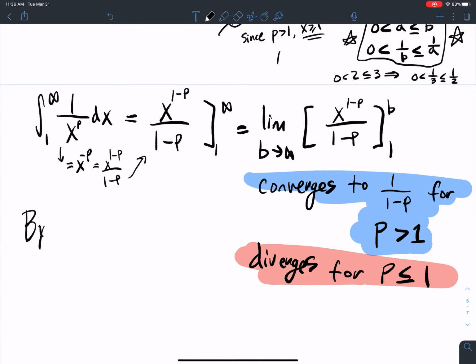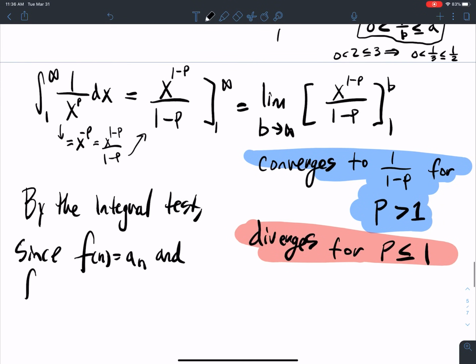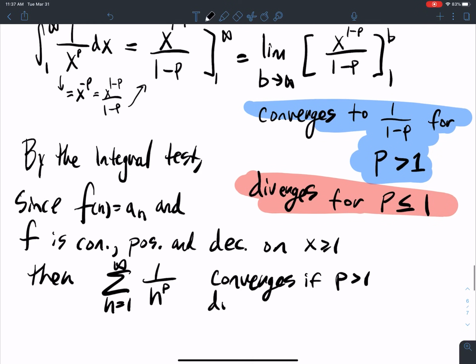Then by the integral test, since f(n) equals a_n and f is continuous, positive, and decreasing on x greater than or equal to 1, then the series n equal 1 to infinity, 1 over n to the p, converges if p is greater than 1, and diverges if p is less than or equal to 1. Those are my two options, okay?